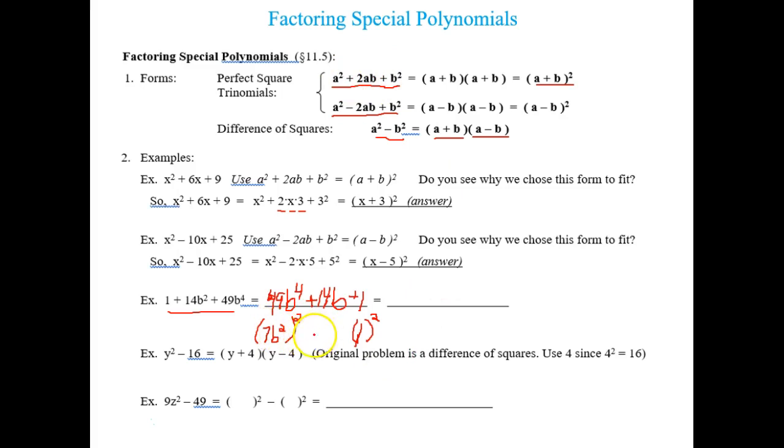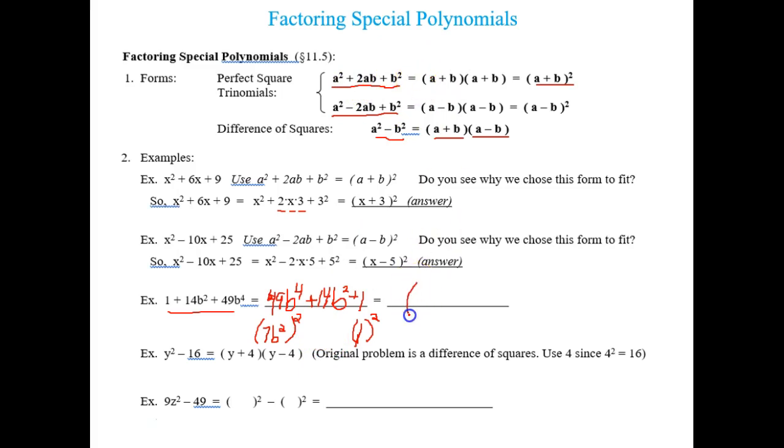So does the middle term equal the product of 2 times AB? Well, yes, because 2 times 7b squared times 1 is equal to 14b squared. This should be b squared here as in the original. All right? So it fits the pattern for the first one.